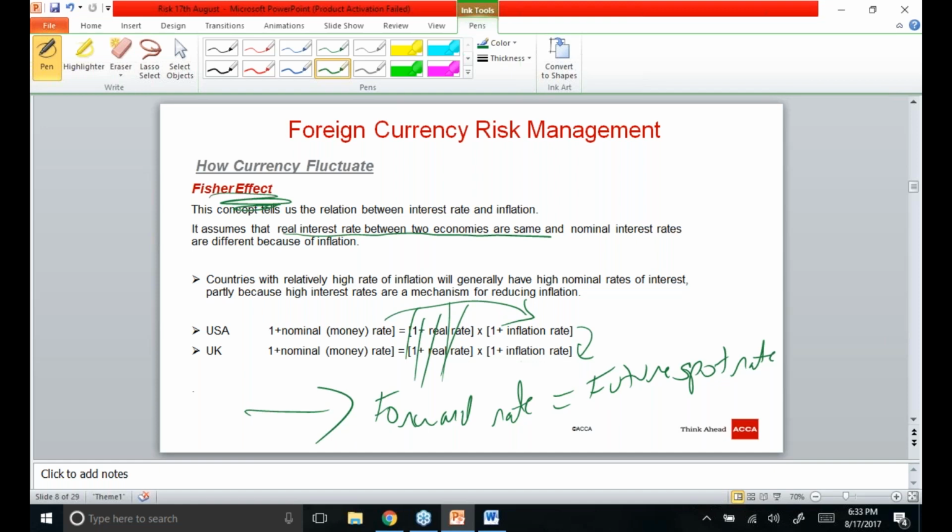If purchasing power parity directly covers the inflation impact, and at the same time interest rate parity indirectly covers it, both should have the same answer. So forward rate is equal to future spot rate.